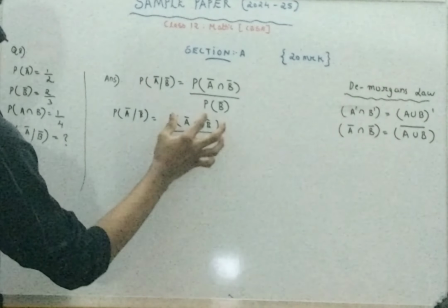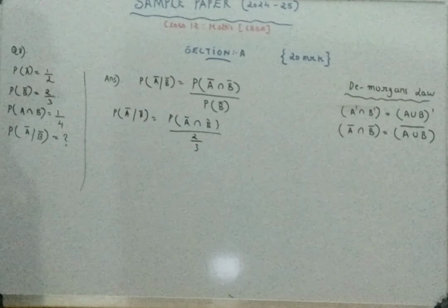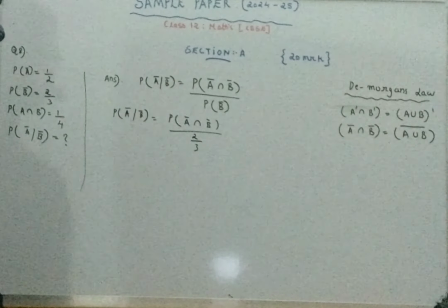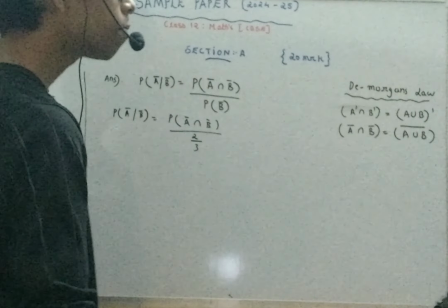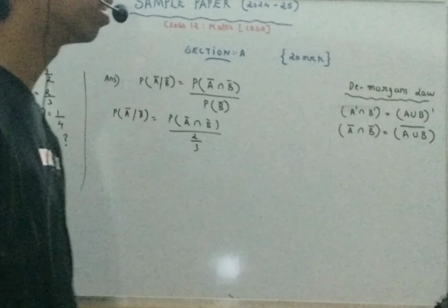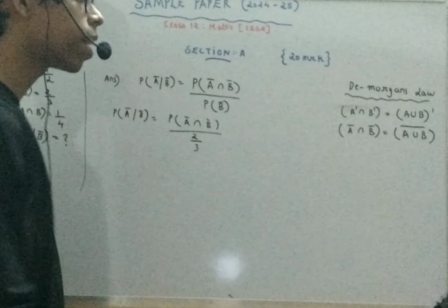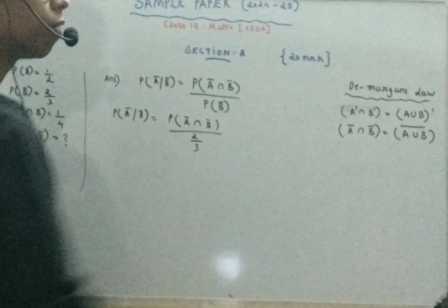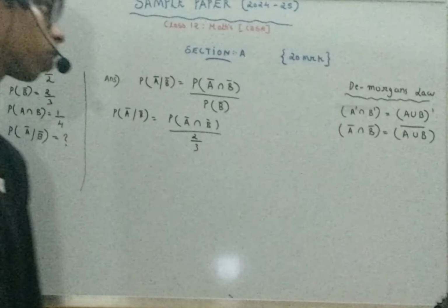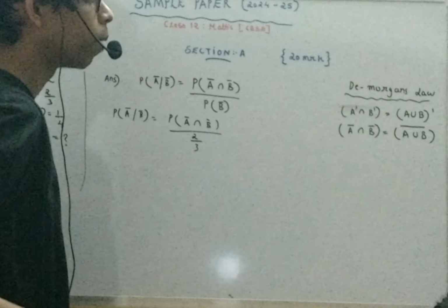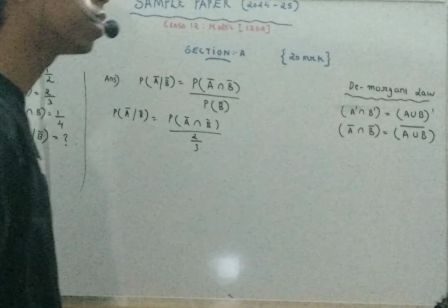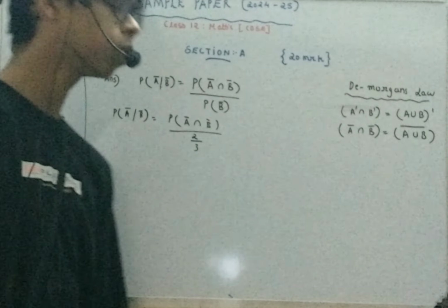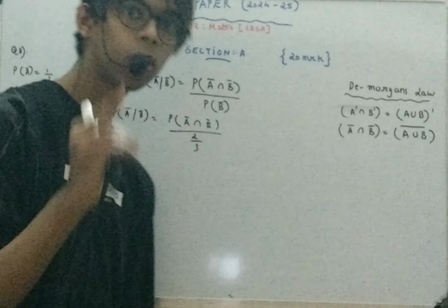Now we don't know what is the value of this quantity, isn't it? But how can we find the value of P of not A intersection not B? Now if you see over here, in 11th we have learned a theorem in the first chapter, sets, if you remember, which we call De Morgan's law. If you remember the equation, A complement intersection B complement is equal to A union B the whole complement.